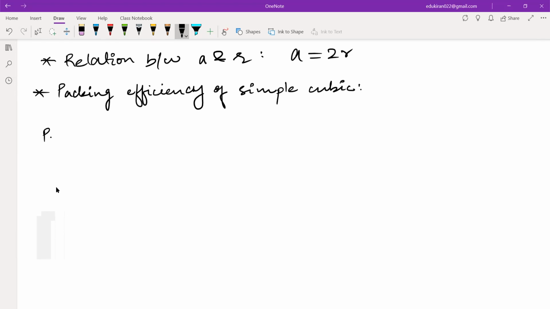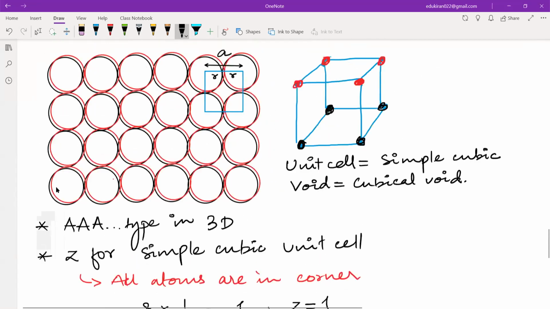So packing efficiency will be equal to Z into, now you tell me, since it is a sphere now, what is the space occupied by a sphere? Will it be area or volume? These are spheres now. So space occupied by sphere will be volume.